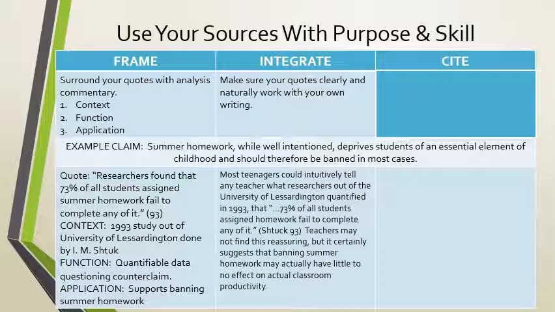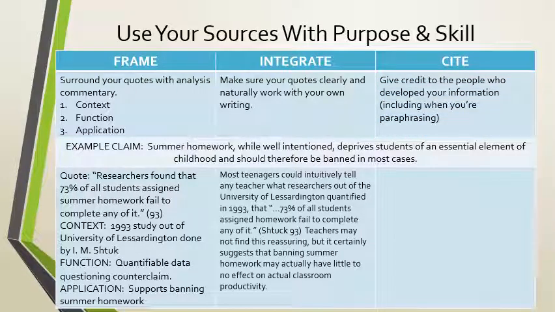So at this point, the expectation, especially with your synthesis work, is that you're citing all evidence accurately, so that you're giving credit to the people who developed your information, whatever that information you're using, including when you're paraphrasing. Just cite, cite, cite. And I'm going off of the assumption that this is a skill that you have developed in another class, and that I can just tell you to cite your information in some way. You can see from my examples a few different ways of citing if you're unfamiliar with it.